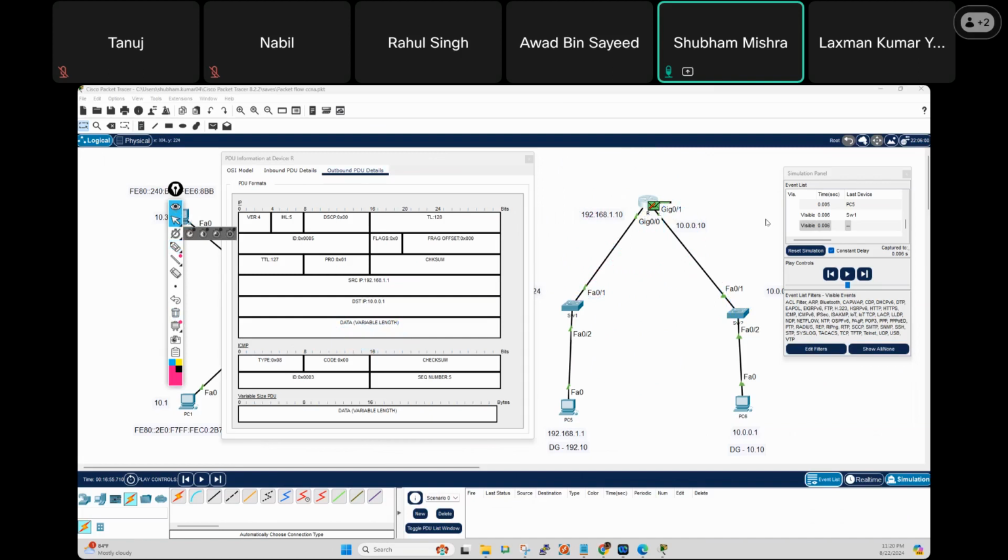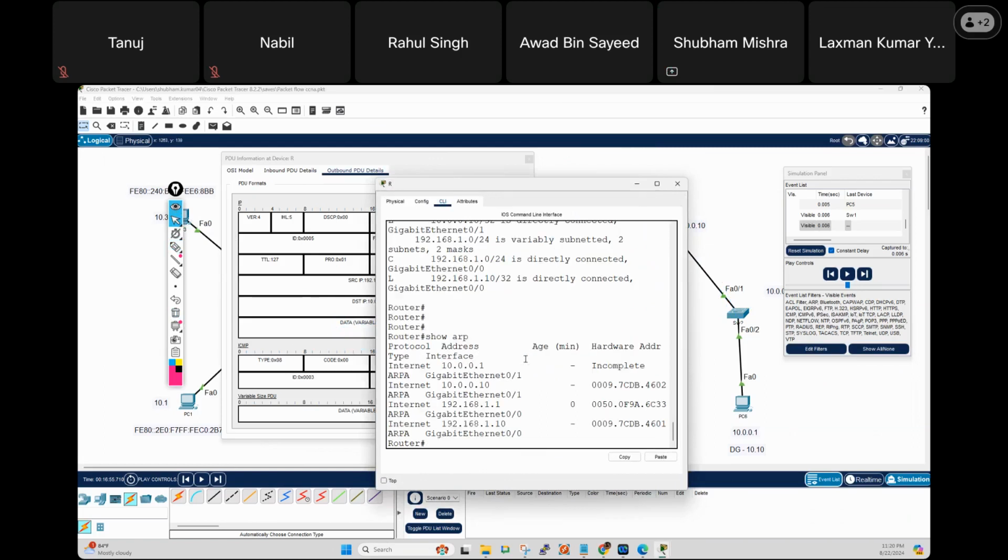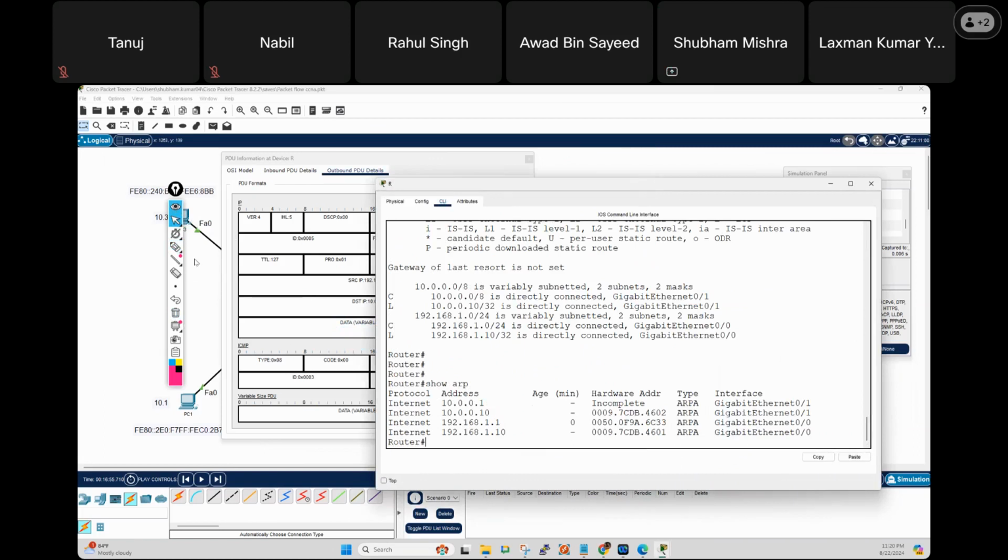See, when the router checks the ARP table, do you have the 10.0.0.1 MAC address here? No. What is this? Incomplete. Hence, this router does not have the MAC address of 10.0.0.1.